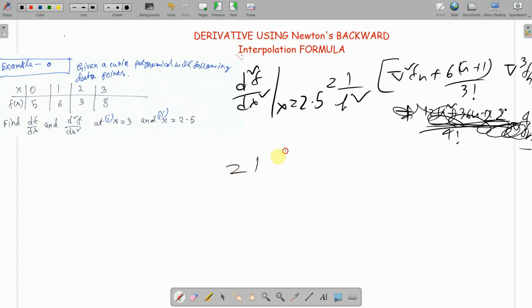So this is 1 grad square fn. What is the value of grad square fn here? 12. Yes, 6u by 6, 6u plus 1 by 6. Okay, 3 factorial means 6 and this 6 will cancel.